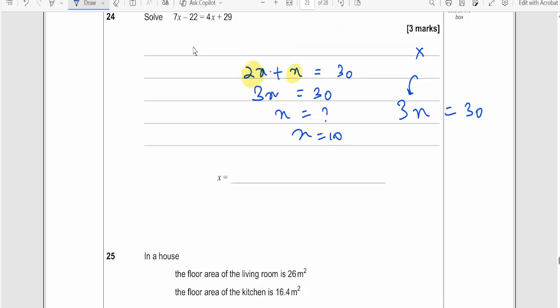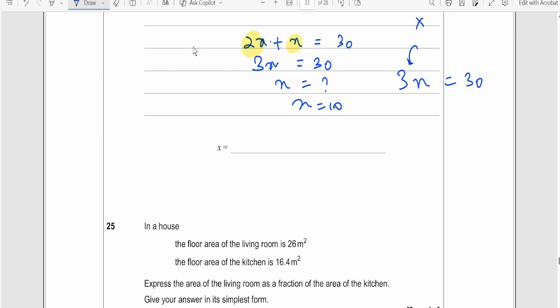Okay, let me give you one more question like that. Try this. 4x plus 6x is equal to 100. Find x.